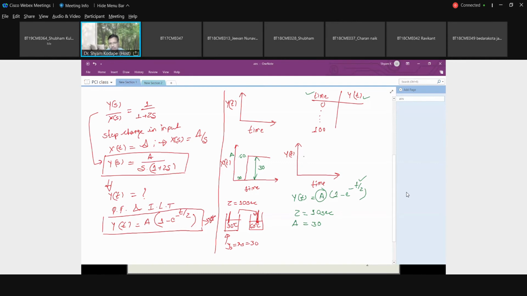You will observe that it will reach like this. Yt will move in this fashion. Agree? You can plot it. It will move in this fashion.